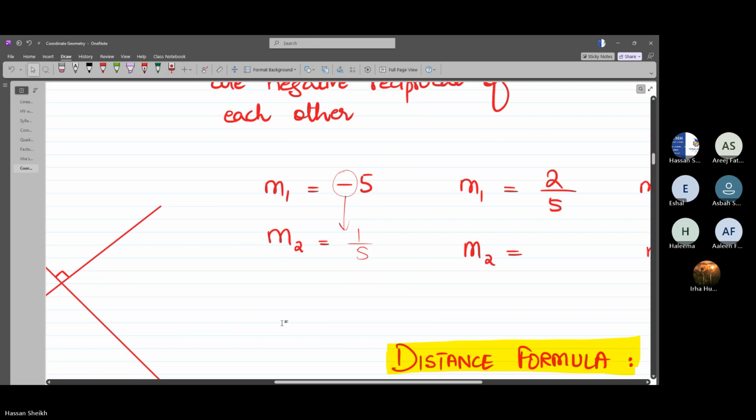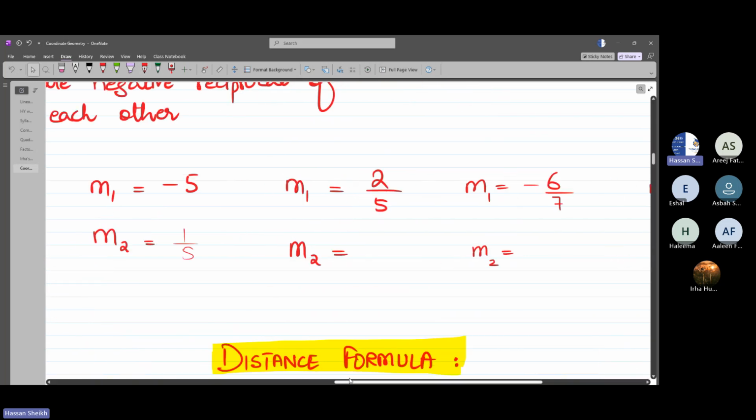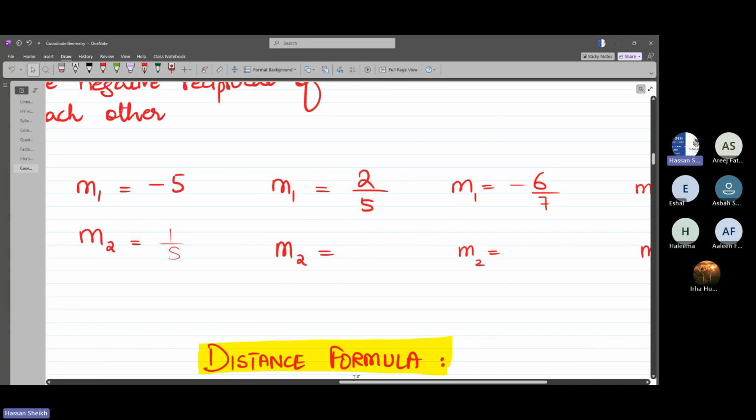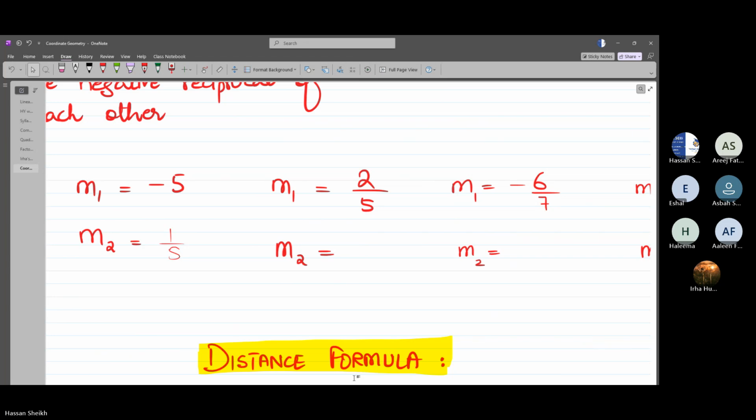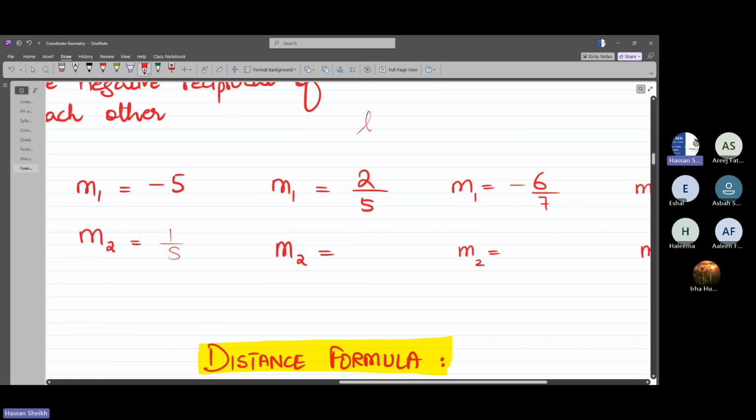Okay, now let's move on and ask Asba. Asba, if the slope of M1 is 2 over 5 and if line 1 is perpendicular to line 2, what must be the slope of M2? If L1 is perpendicular to L2, and if M1 is 2 over 5, what must be M2?